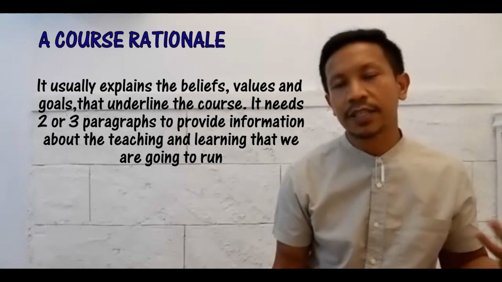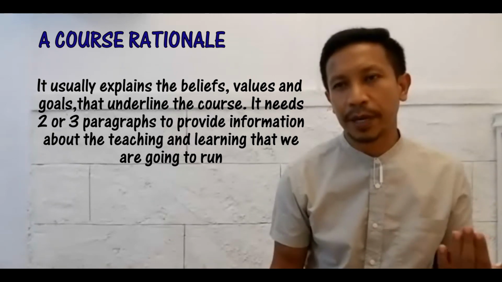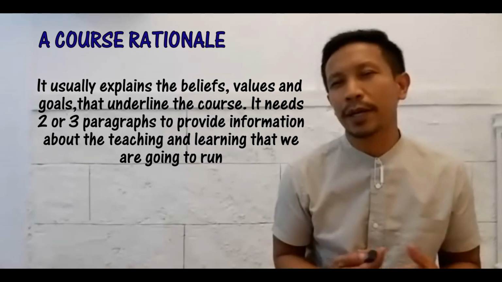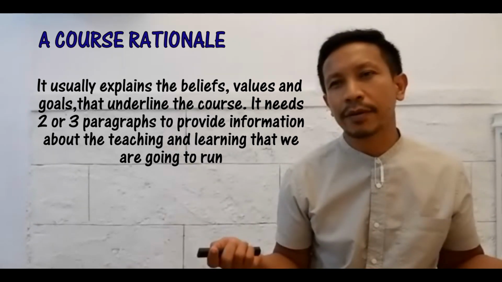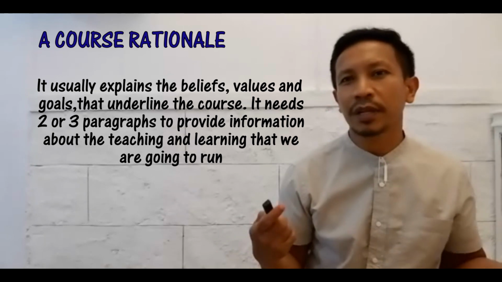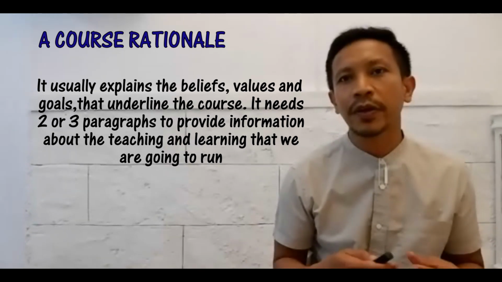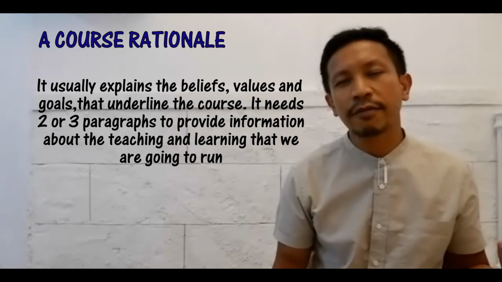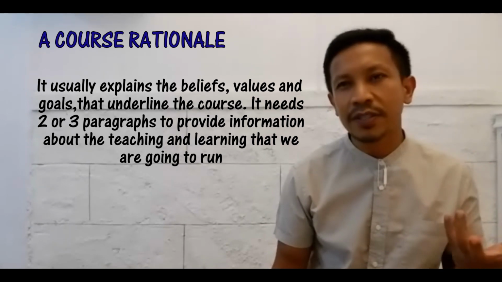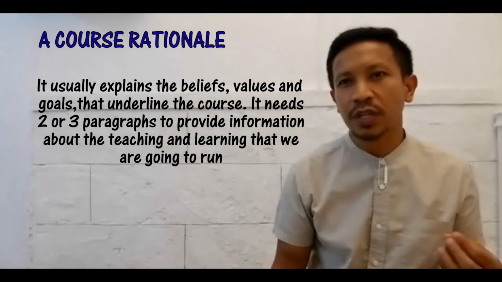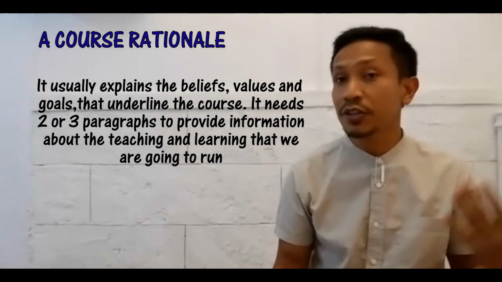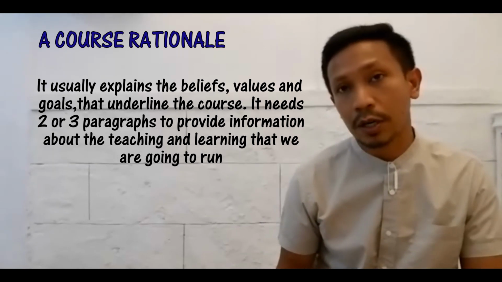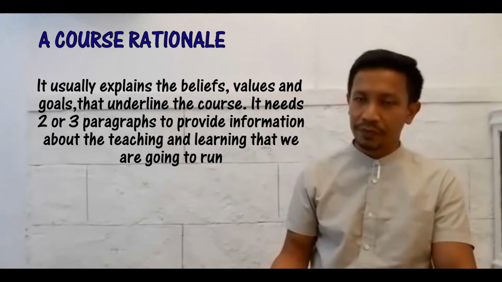That's why it needs a couple of paragraphs, so you can explain everything. It's just like a story. You can tell about the beliefs, the values, and the goals, and let people know, so they won't have bad curiosity about your teaching and your activities in the class, because they are outlined in your course rationale.